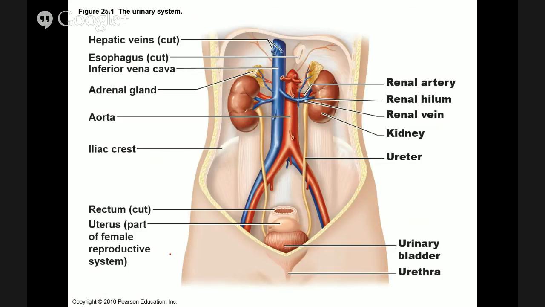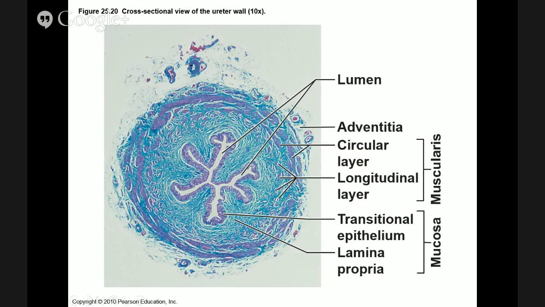All right, so once we make it out of the kidneys, now the urine is going to flow inferiorly through the ureters. And the ureters are contractile structures. So if you remember us talking about the digestive, no, we talked about the digestive system.